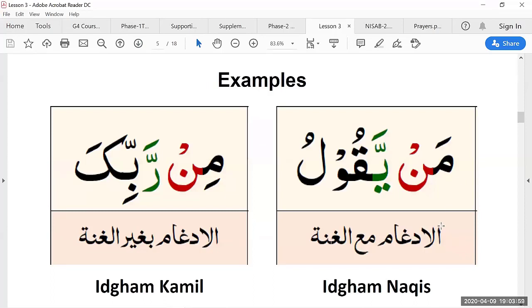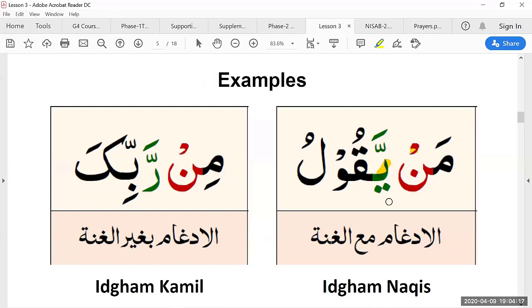Here is an example of a word from the Holy Quran. In this one, we can see that there is a noon sakin followed by ya mushaddad.